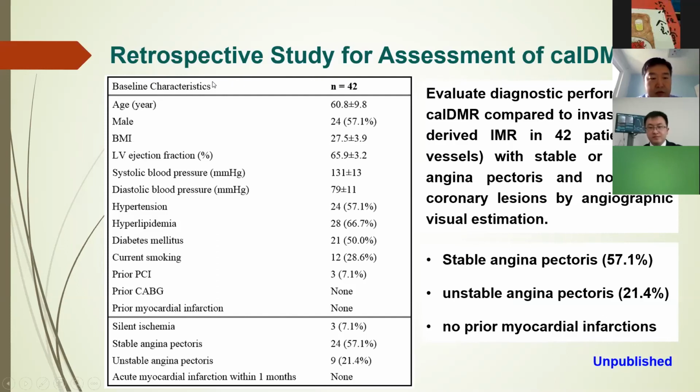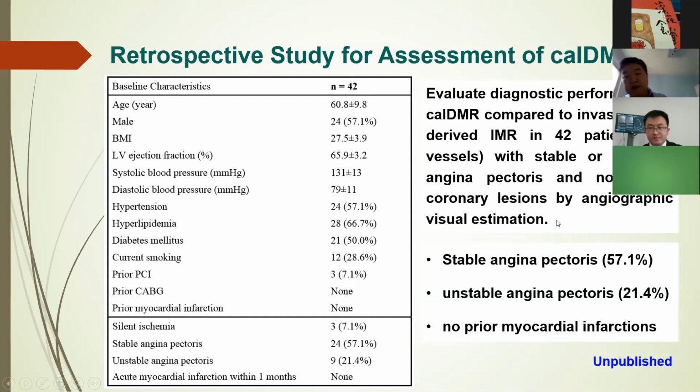In China, in 2 hospitals, we evaluated the diagnostic performance of CA-IDMR compared with the invasive wire-derived IMR in 42 patients, including 44 vessels. Those patients had stable or unstable angina pectoris and no severe stenosis.